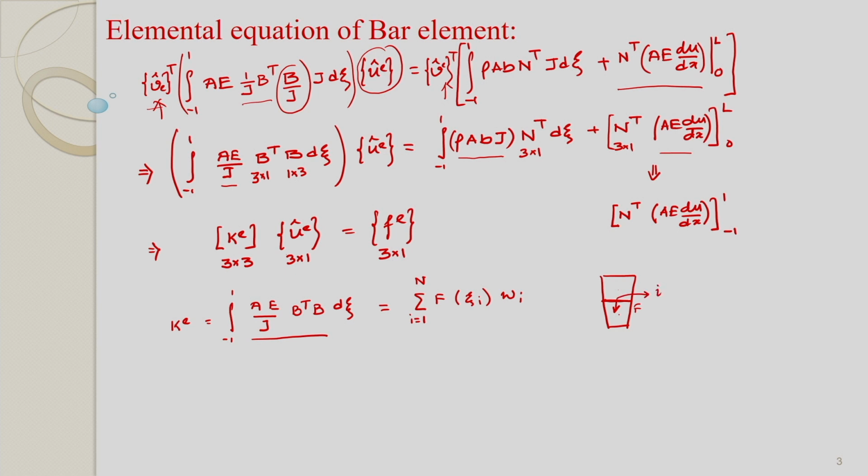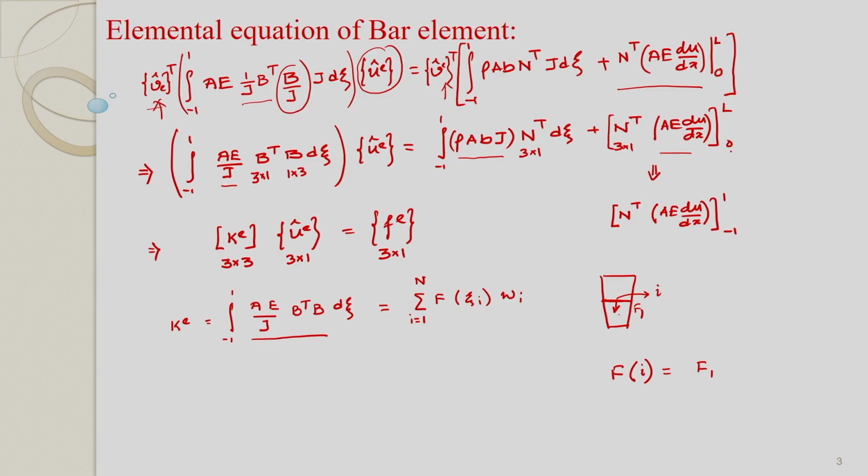Then in the global equation, when we consider node I, then in the global load vector Fi, this external load F1 will directly come. Whereas for the global domain still x equal to 0 and x equal to L are the boundary. This boundary happens only for one element, these are not interfaces.